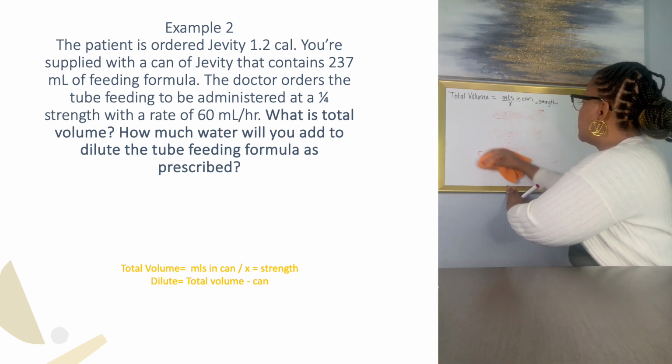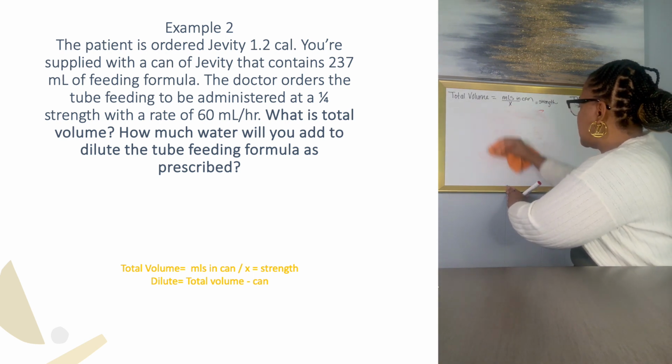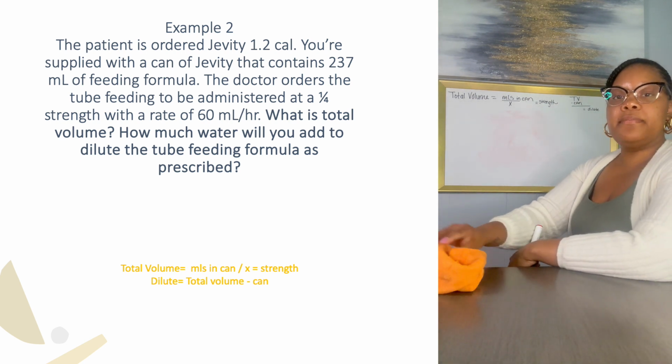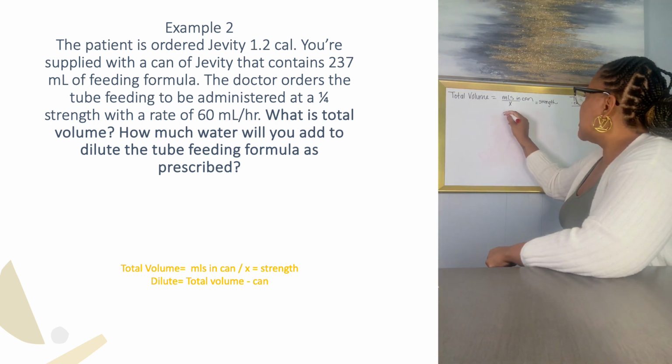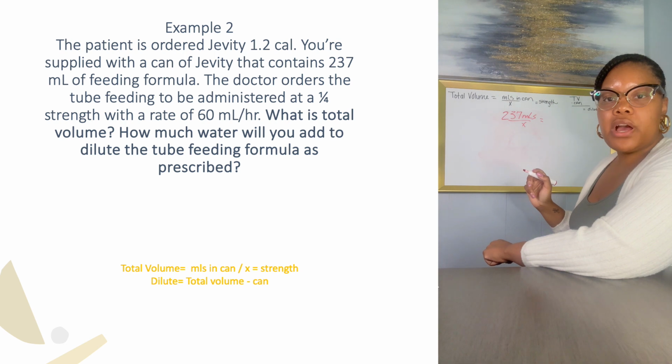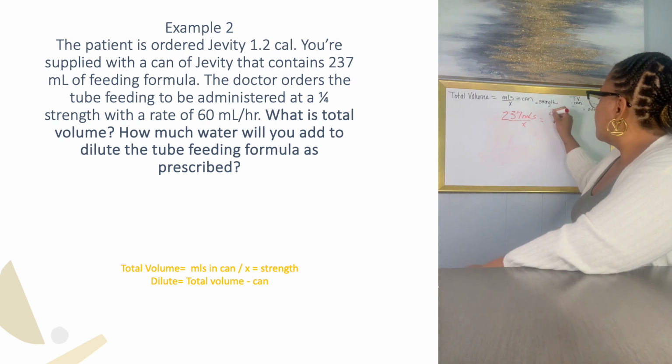All right, so we're going to go ahead and set it up the same way. So how many mLs are in the can? 237 over X. And our strength for this problem is 1/4.